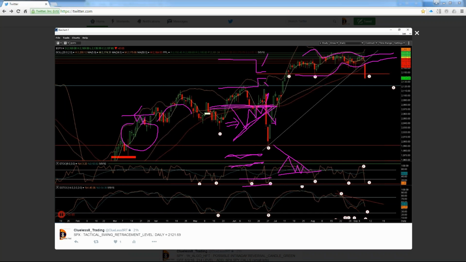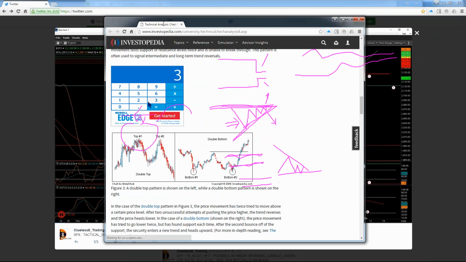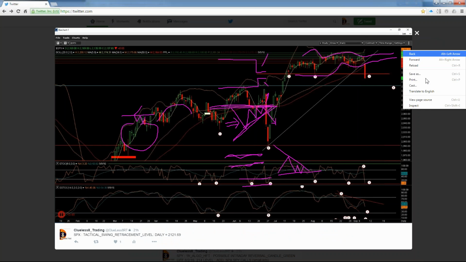One of the best sites, as you always should bookmark it, is Investopedia, right? I'm going to drag that over. It's the Wikipedia, the encyclopedia of anything to do with investing. Bear with me one second.